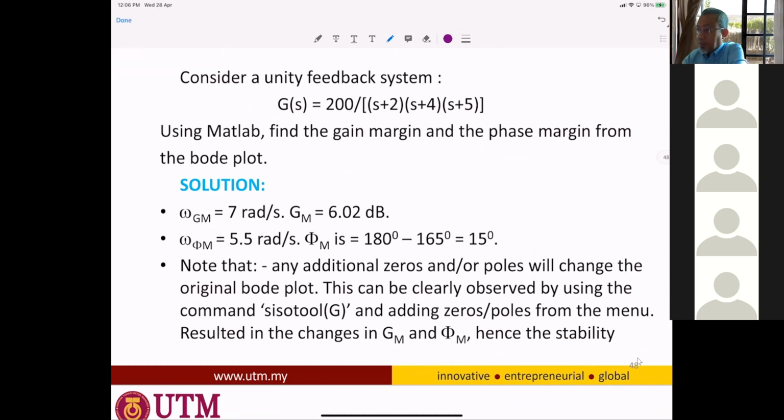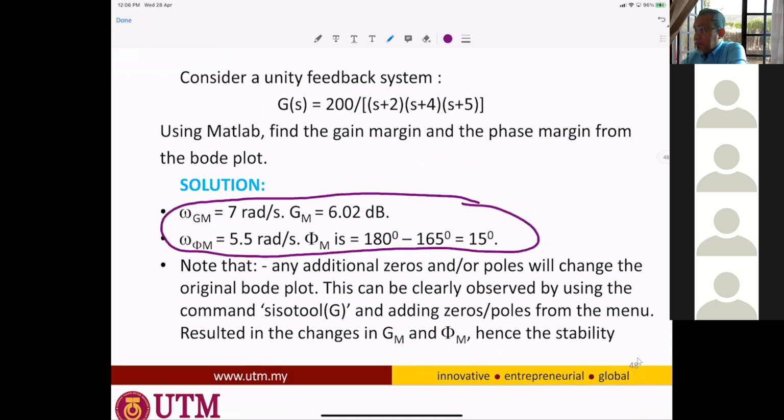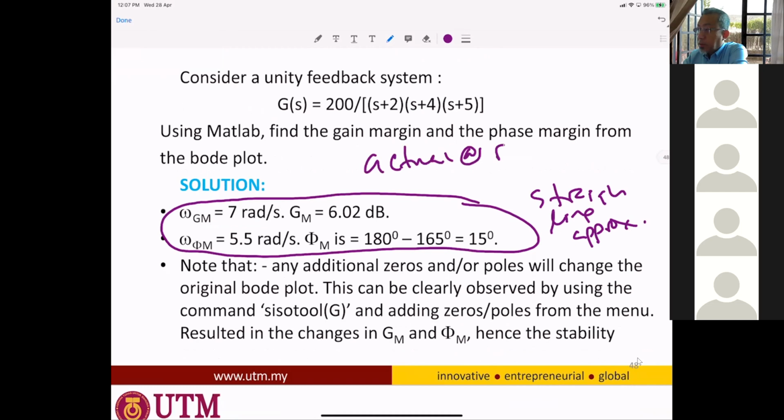This data is based on the straight line approximation, and the one that I showed in Matlab is the actual or real data plot. So you will get a different answer, but not far from each other, which is acceptable.